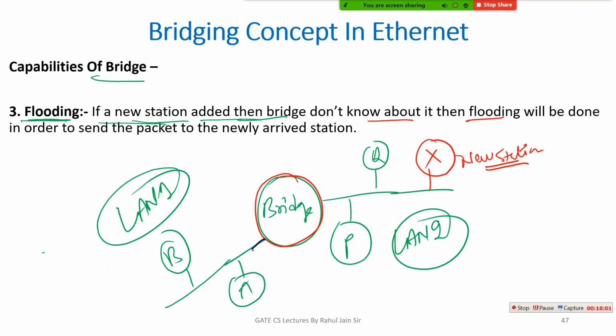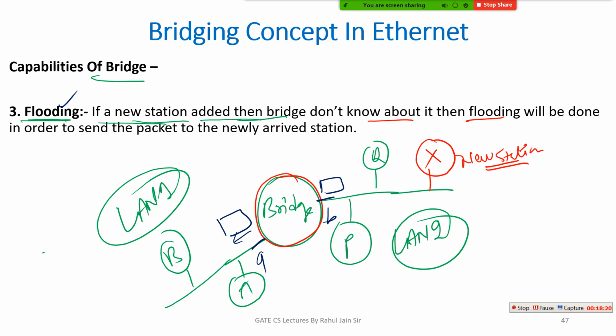In this case, the bridge will use flooding. I told you in the static routing algorithm what flooding is. Flooding is when the bridge sends packets along this port. Suppose this is port A and this is port B. So the bridge will send the data packet to this port as well as this port.